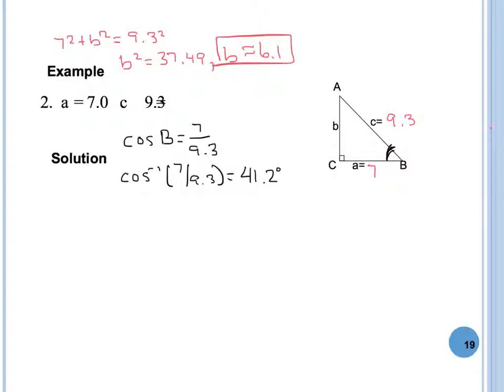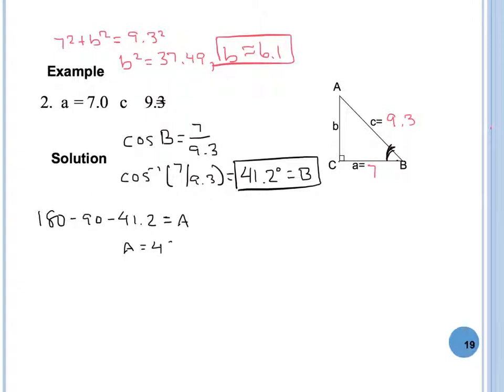So I now have two angles. I have the right angle and I have angle B. I could easily go figure out angle A. And there we go. We've solved all the pieces that were missing. We found all of the sides and all of the angles in this triangle.